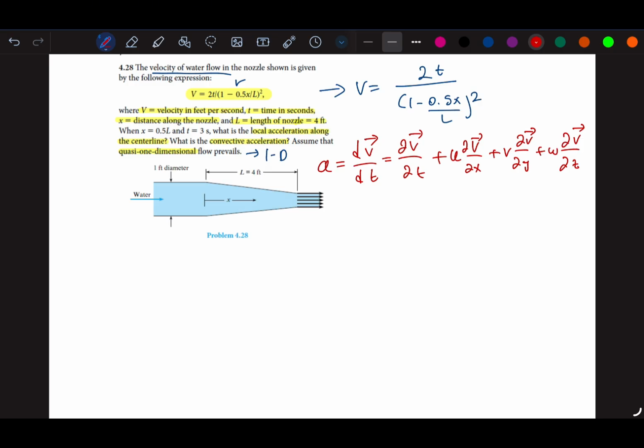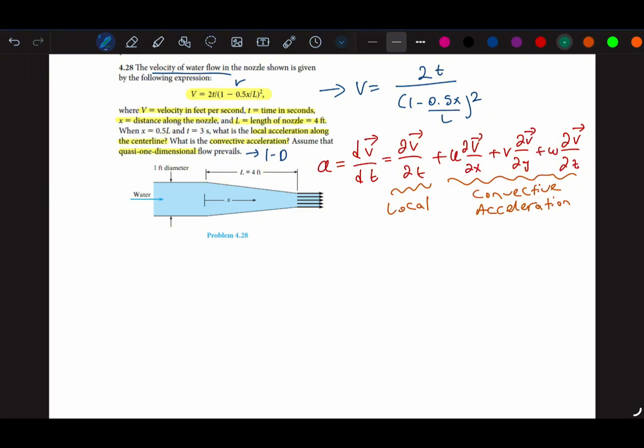And here, this acceleration is actually a combination of two accelerations. One is local acceleration, and the next one is convective acceleration. And also in the question, we are required to find both of these accelerations. So here we need to eliminate some terms.